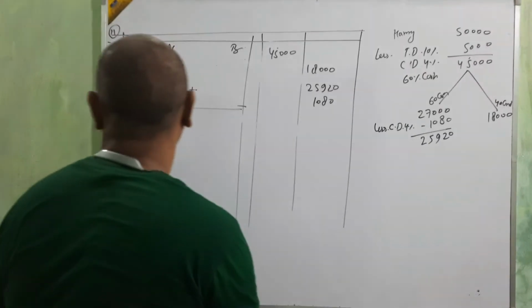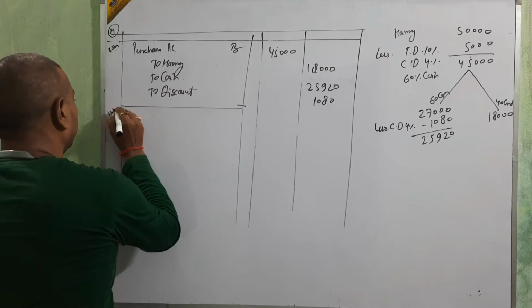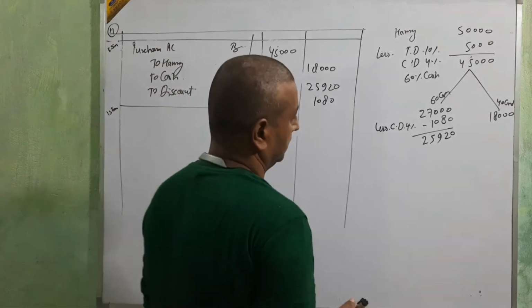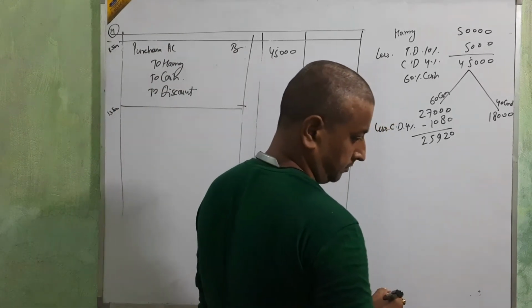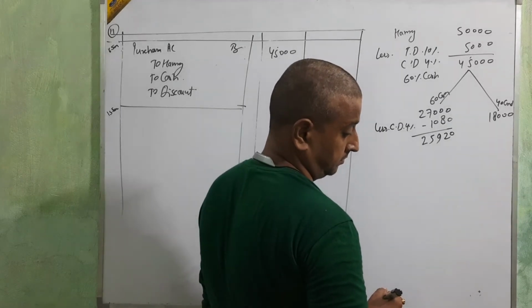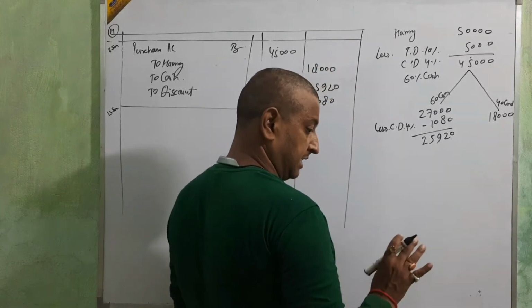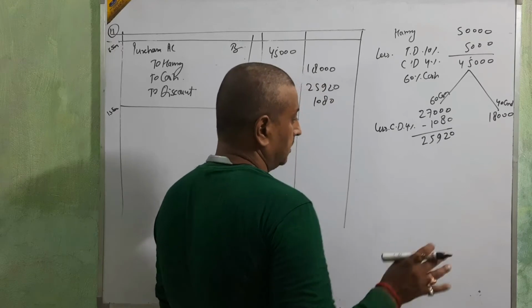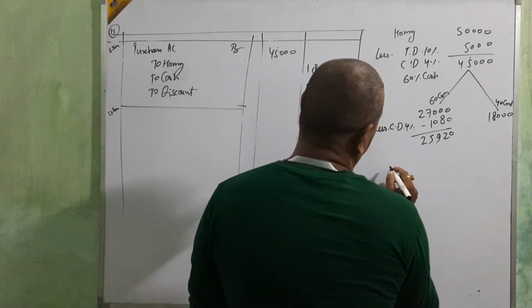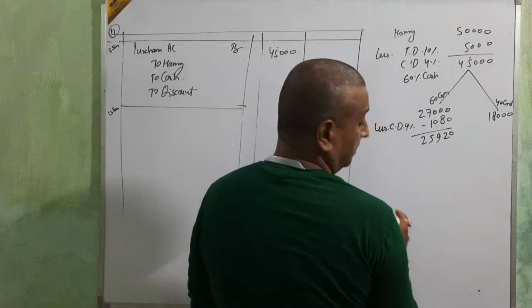January 15th, bought goods from Amit for rupees 2 lakh at terms of 5% cash discount and 20% trade discount. Only this. And paid 3/4 of the amount. Just see, again read it again.